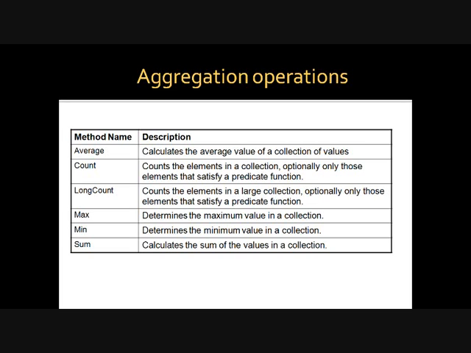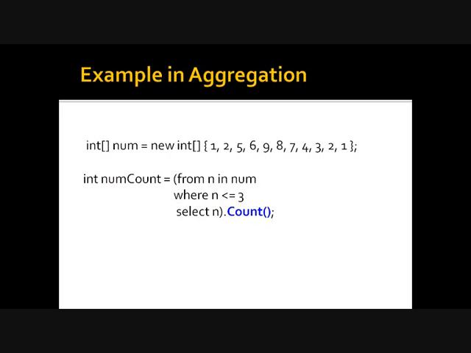The method named Count counts the elements in a collection, optionally only those elements that satisfy a predicate function. In this query, it selects the elements which are less than or equal to 3 from the array. By calling the Count method, we count the elements and directly store the value in the number count variable.